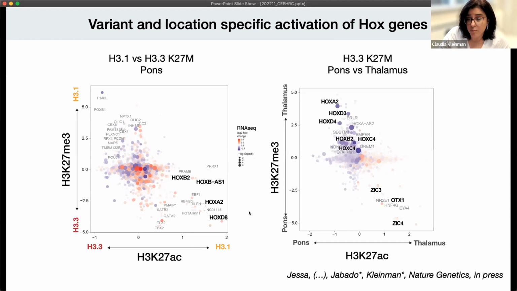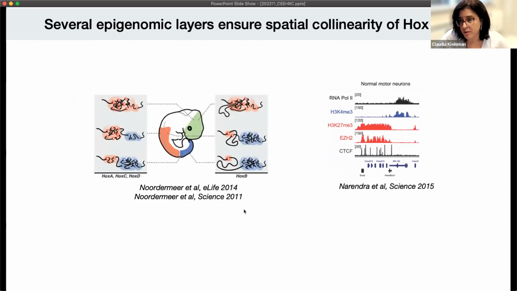But when we see so many, we ask the question: are they actually an oncogenic consequence of these mutations, or are they reflecting a fossil signal of the cell of origin? So this audience is very familiar with Hox clusters.